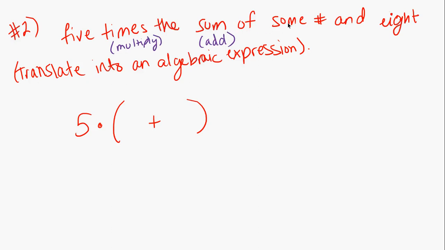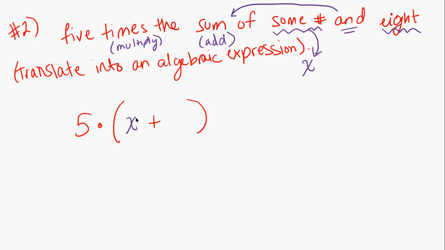Now, after sum, it says some number and 8. Anytime they say a number, some number, that number, they're always talking about the variable x. And when they say and, that just refers back to the word sum.